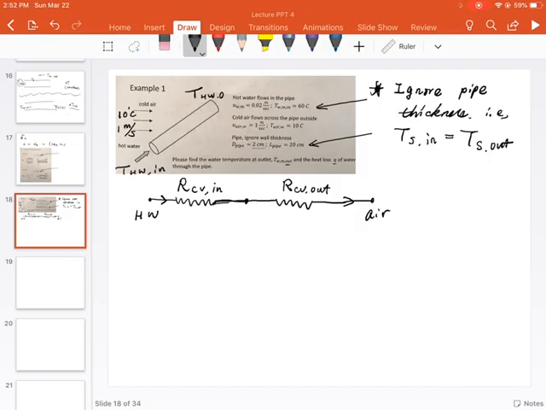And what it asks you is to calculate the total heat loss and then the outlet temperature of the water. So we need to calculate the Q. And then the Q will be able to tell us the Q equals mCp.